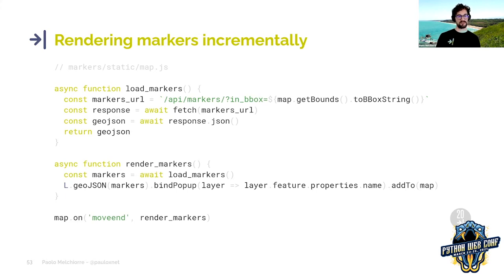We then invoke this flow every time the user stops moving the map. This JavaScript code is only to show how to use our Django GIS, and is not a final version you can use in production, but it works.